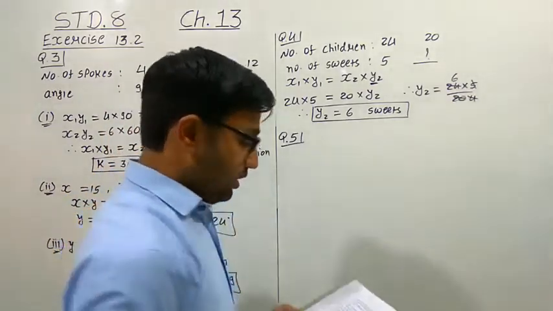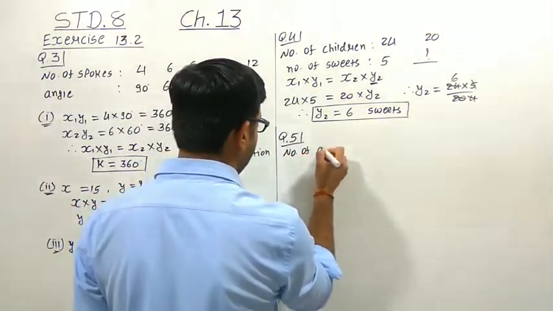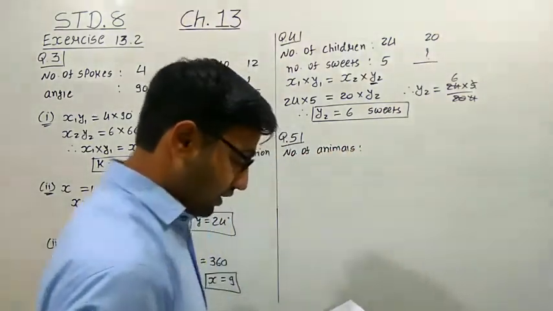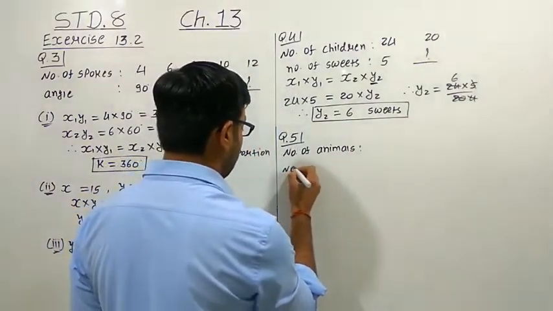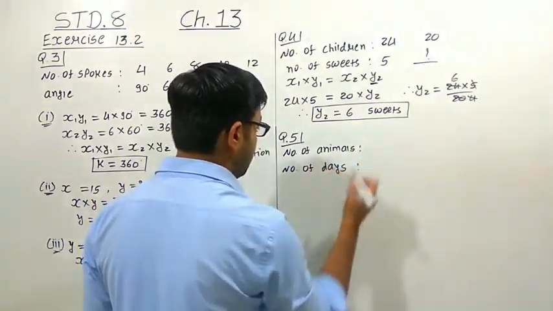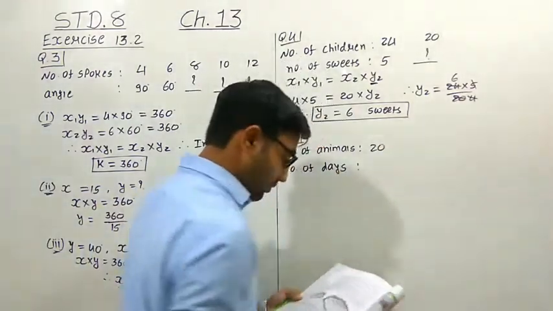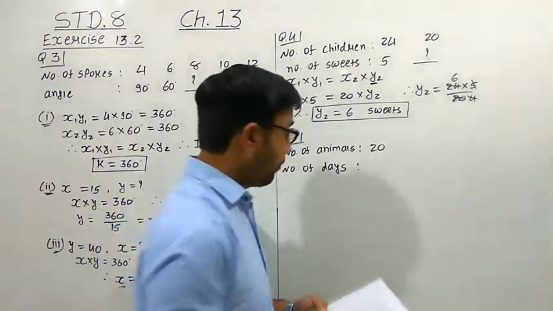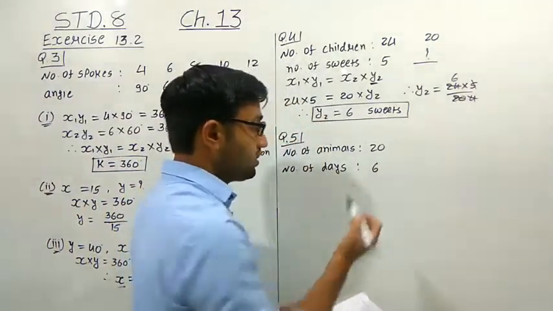So here again two quantities are there: number of animals, and second, number of days. If the number of animals is 20, the food the farmer has lasts for 6 days. 20 animals can be fed for 6 days.